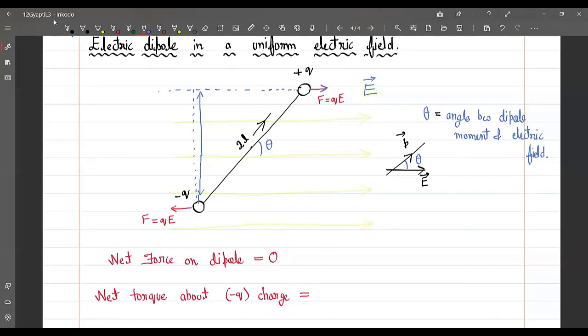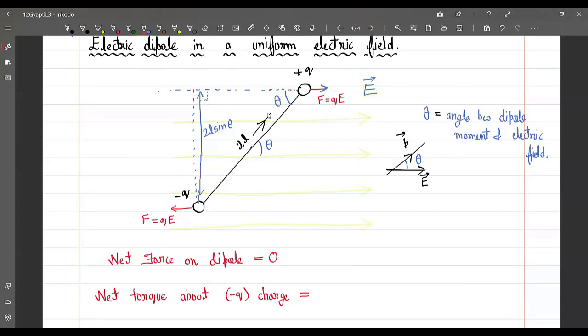So torque will be written as force into the distance between the force and this. So the distance will be this distance. If this is theta, I can write this angle as theta. This whole length is 2L. So this length will be 2L sine theta, because again it's a right angle triangle.